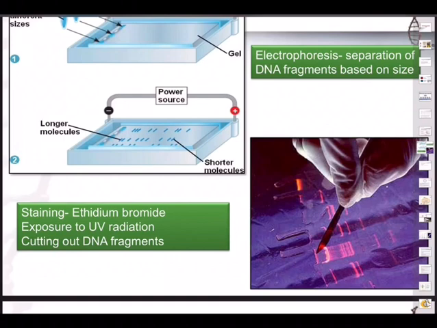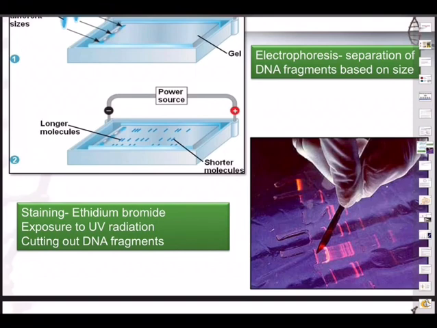So here you have to remember two things. What is gel electrophoresis? One. Second, what is elution? Gel electrophoresis is a technique of separation of charged molecules under the influence of an electric field so that they migrate in the direction of the electrode bearing the opposite charge.